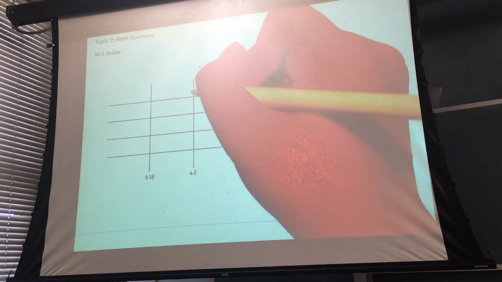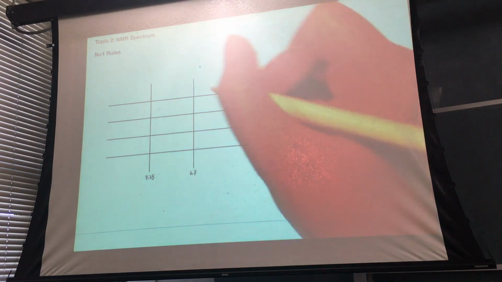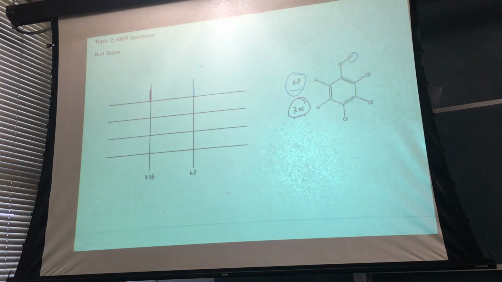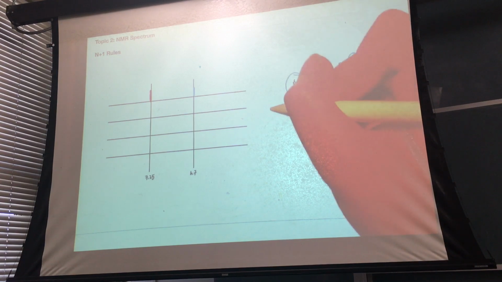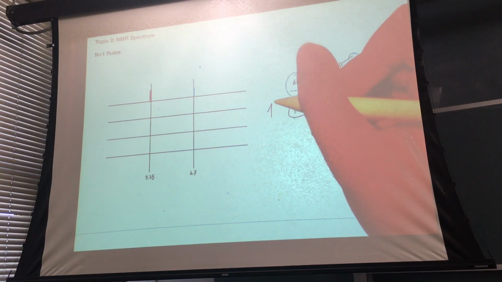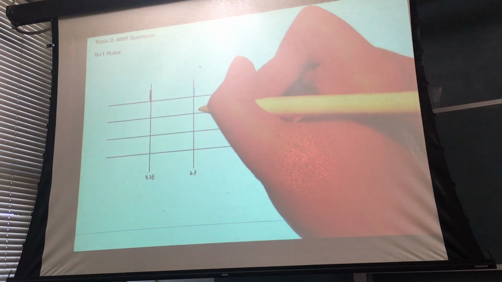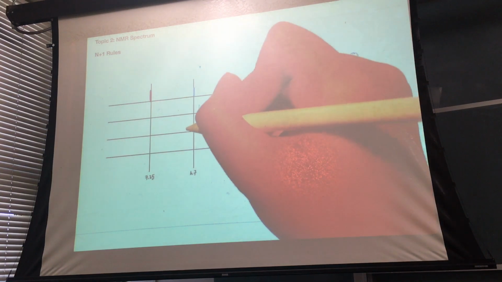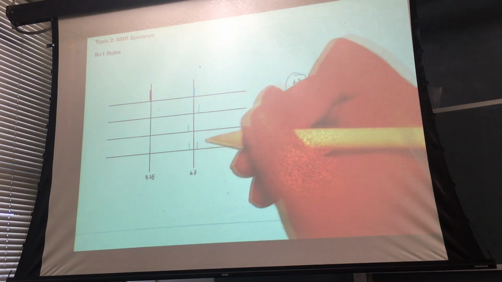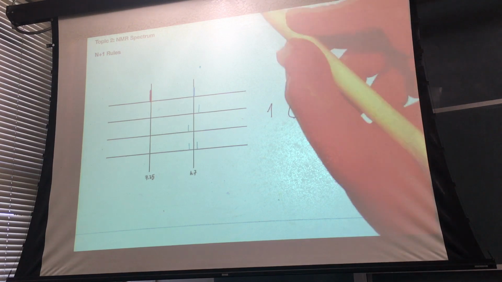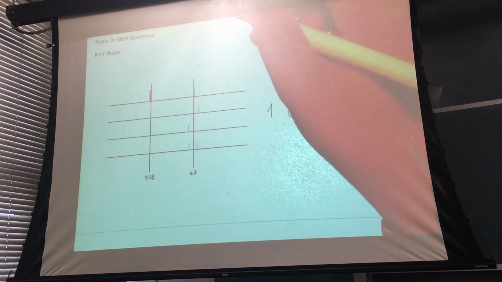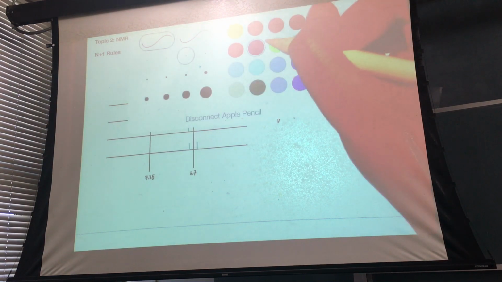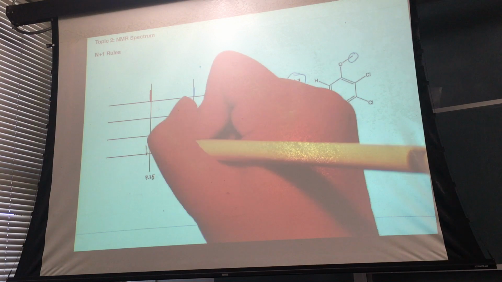So originally, this blue one is here, and this red one is here. But because this red one is going to have spin up and spin down, it's going to make the blue shift a little bit higher and spin down. So finally, the peaks look like this. The same thing for the blue one, because the red peak is going to have spin up and spin down, so it's going to affect that one into these 2.